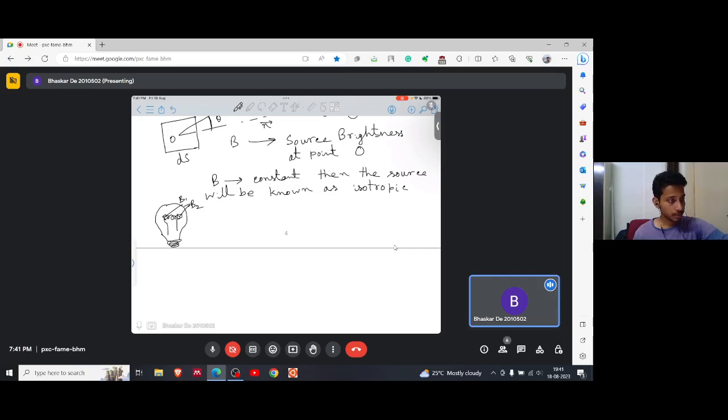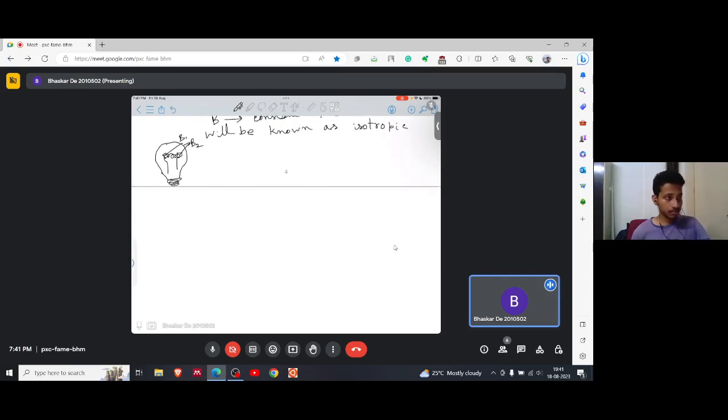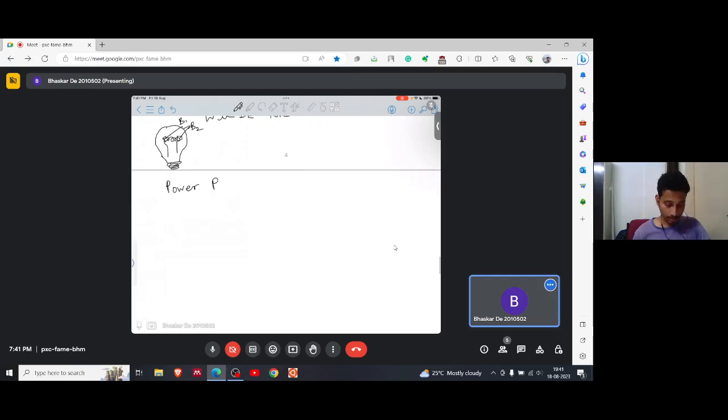So now for the laser, let us consider a laser beam of power P with a circular cross section of diameter d and with a divergence theta.